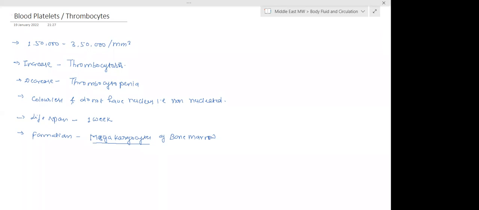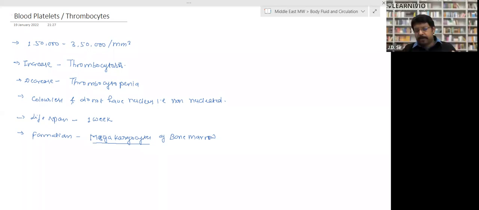Okay. Yes, sir. Now the next point is blood group. What is a blood group, and what is Rh positive, what is Rh negative?